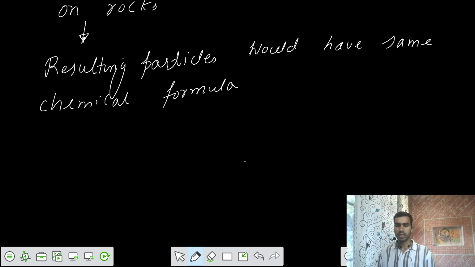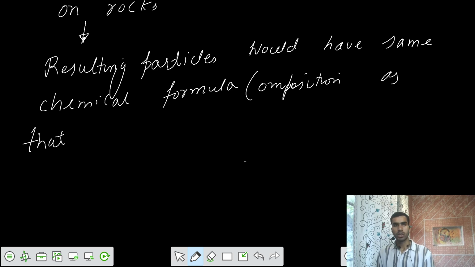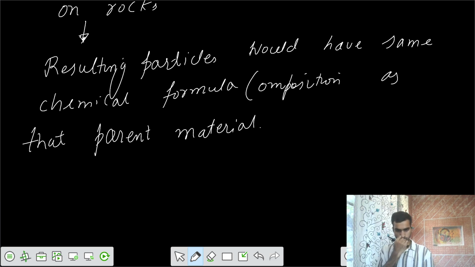That means they retain the chemical composition of their origin, of that parent material. Okay. So this is what you have.